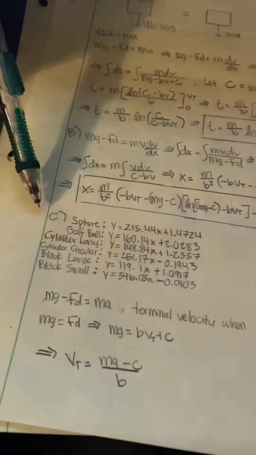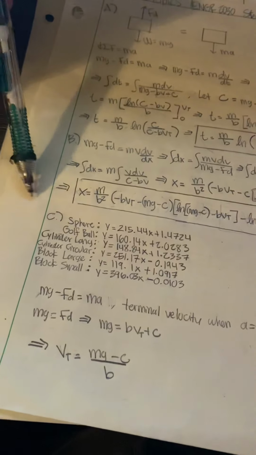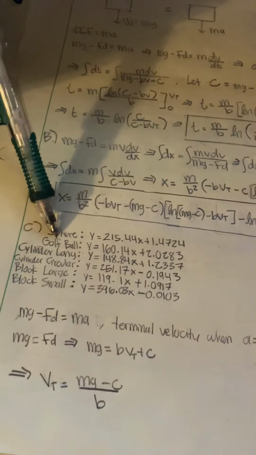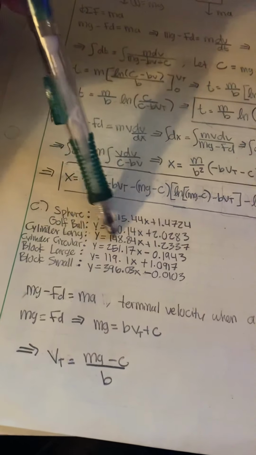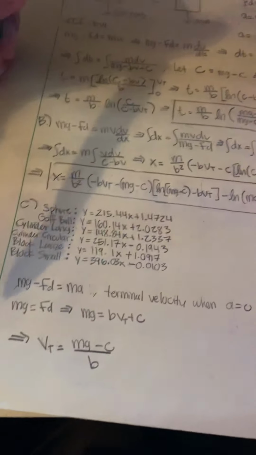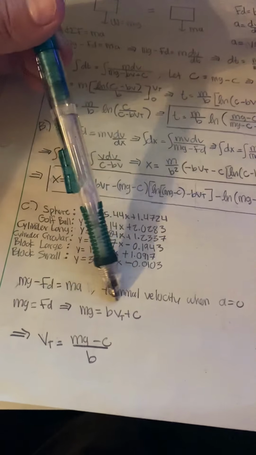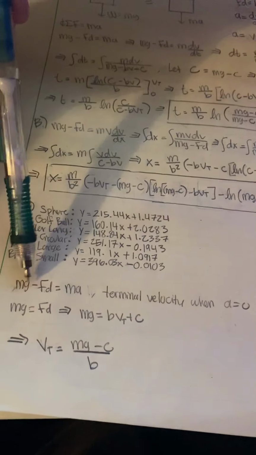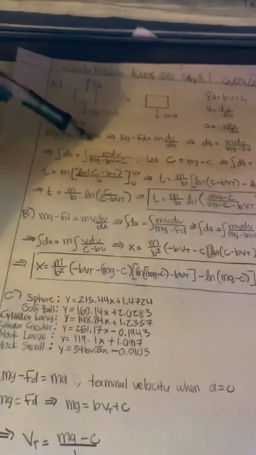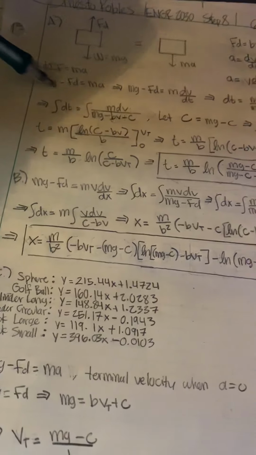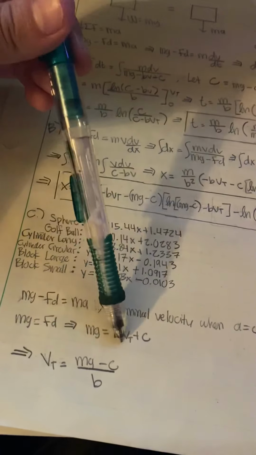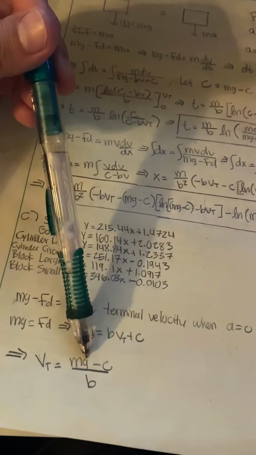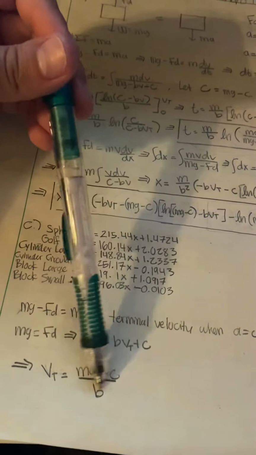And then for part C, it wants us to determine the terminal velocity for each profile. So here I wrote down the linear equation for each profile. And to figure out the terminal velocity, it's when acceleration equals 0. So from this equation right here, we get the terminal velocity, which is mass times gravity minus c over b.